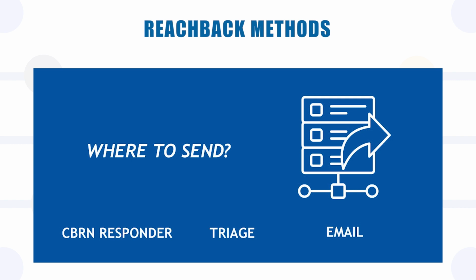Examples of reachback systems include RAD Responder, a networked crisis response system that provides a standardized approach to collecting, managing, and sharing data during radiological incidents. All of our systems have RAD Responder. Triage, a software tool designed for rapid data assessment and decision support, helping operators to quickly determine the significance of detected isotopes.